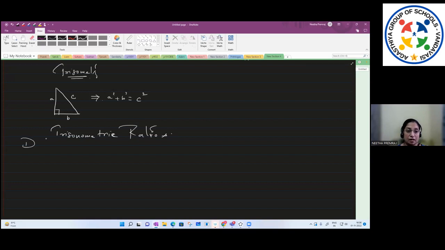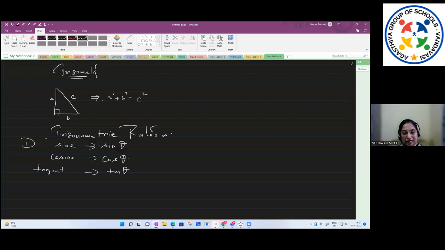What are the six? Sine theta. Theta means angle. Actually, it is sine, but we don't write that way. We write sin theta, and cosine, we write cos theta, and tangent, we write tan theta.